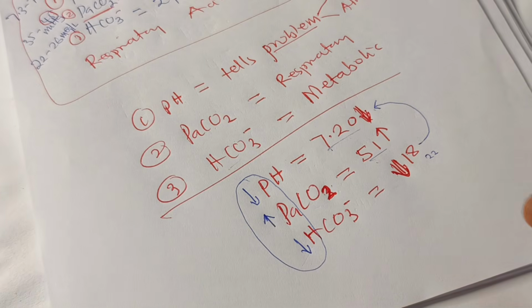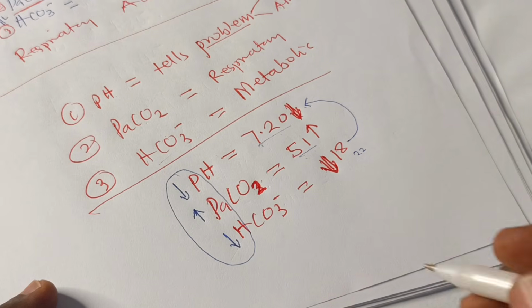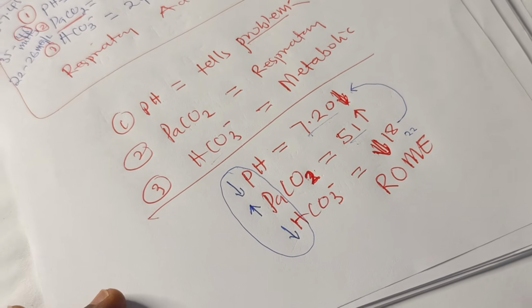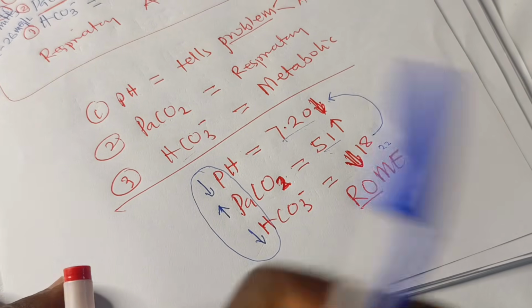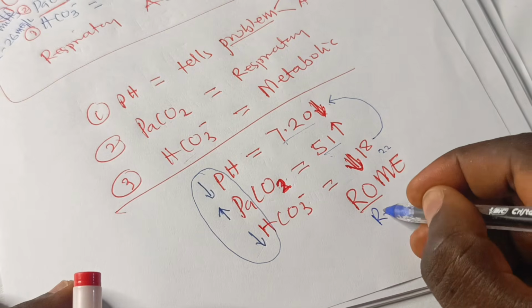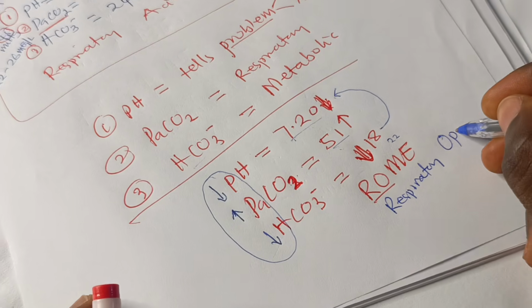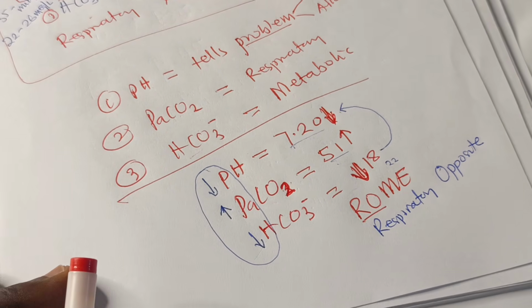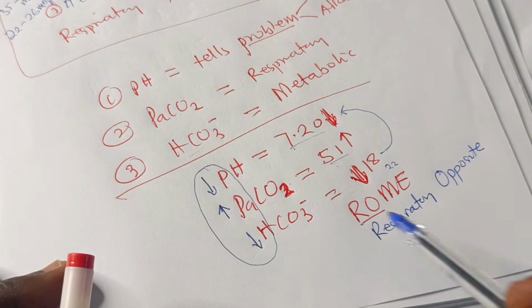Now, based on this, I want to give you a mnemonic to remember, and that mnemonic is ROME. The R is respiratory, O is opposite, which is talking about this thing: they move in opposite directions.